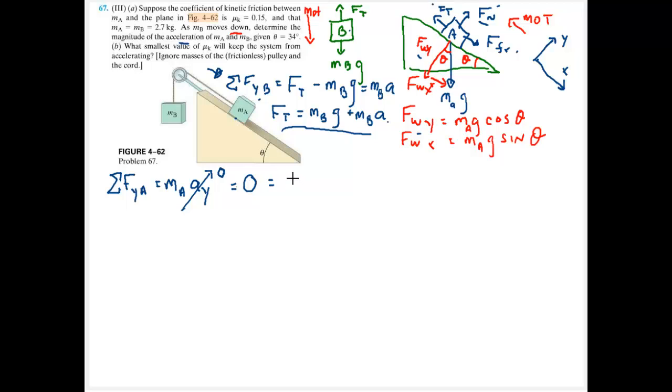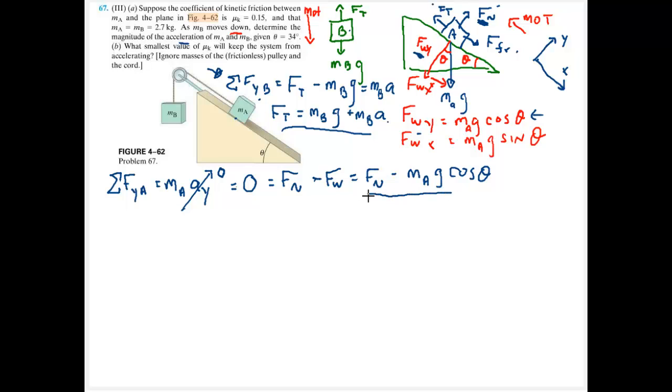And then upwards we have this normal force right here, force of normal. In the downwards direction, all we have is the weight minus the force of the weight. So 0 is equal to the normal force minus mass of A multiplied by gravity multiplied by cosine theta.